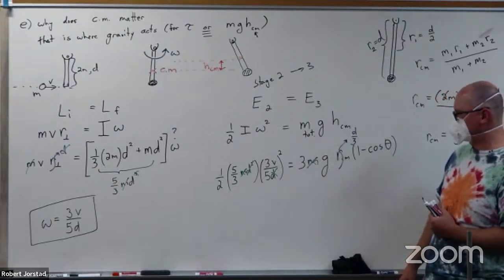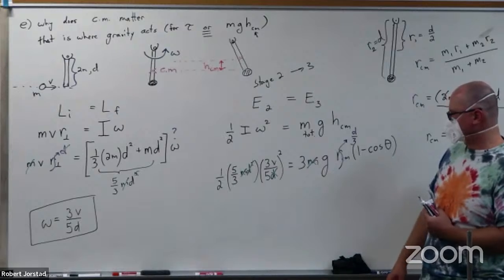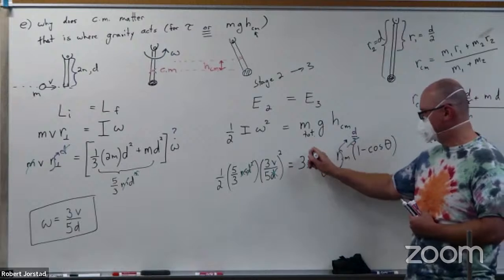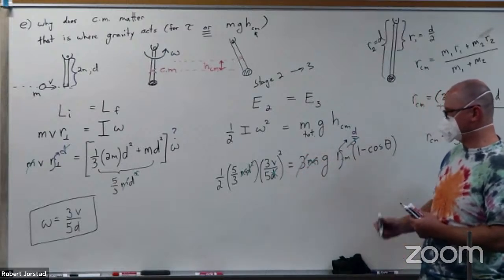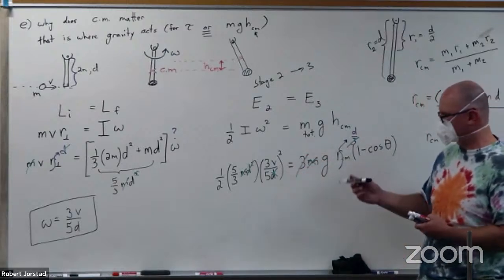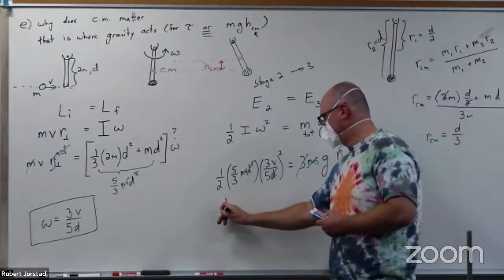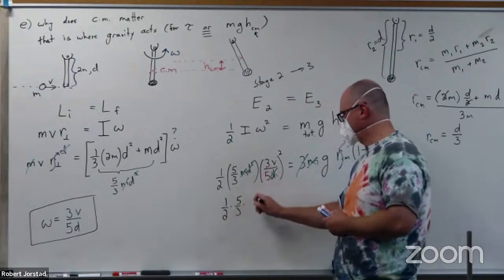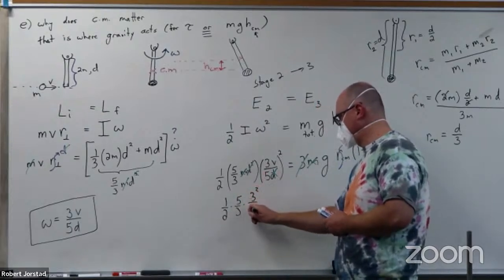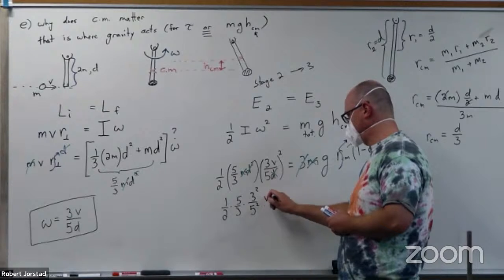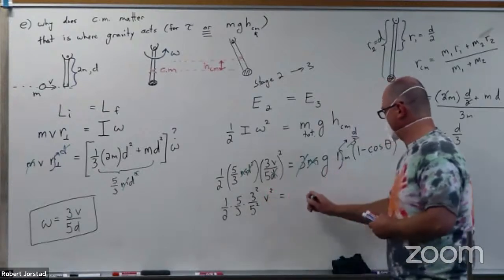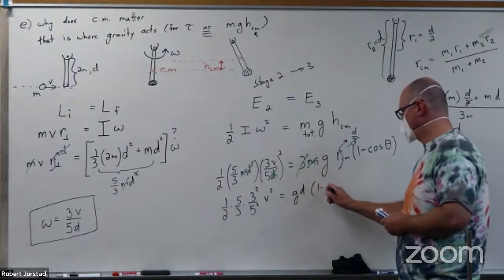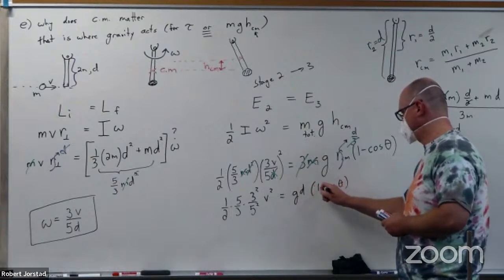No. Okay, that's fine. What about the 3? That's going to drop. And now I'm starting to get lost. I'm going to just rewrite because I'm getting lost. I get 1/2 times 5/3 times 3 squared over 5 squared times V squared equals G D times 1 minus cosine theta.